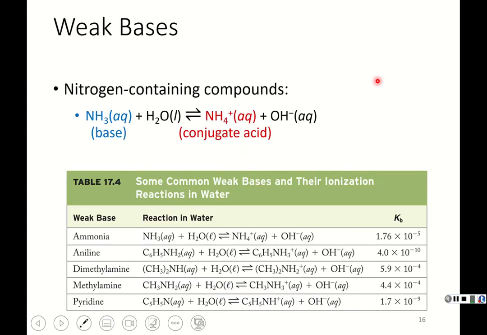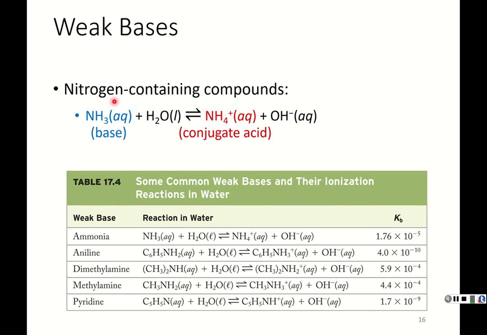Okay. Weak bases, in a similar fashion, a weak base is not going to fully dissociate in water. So we have our base here, which is ammonia, NH3. When that goes into water, we can form our conjugate acid. So there's always this conjugate acid-base relationship. The conjugate acid of a weak base is just what forms when that base accepts a proton.